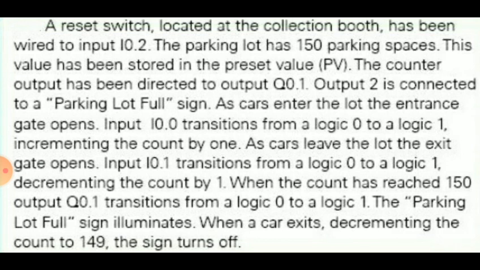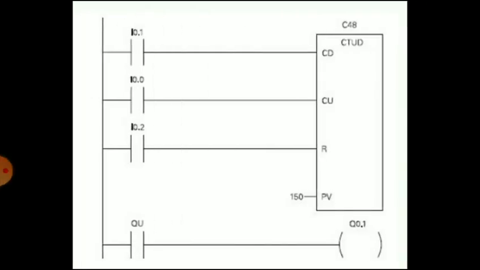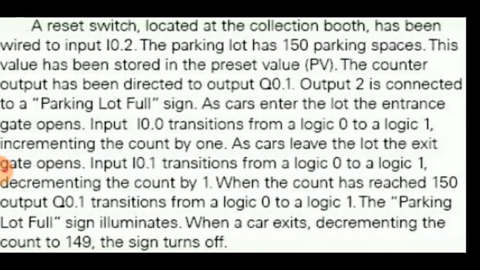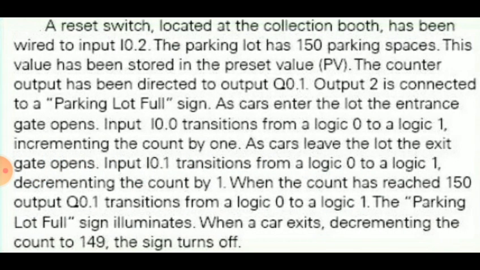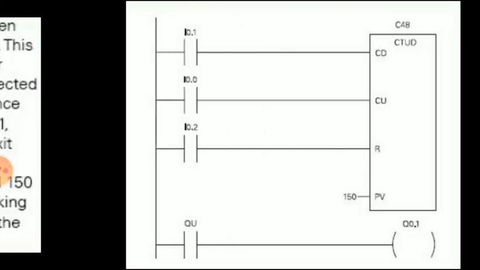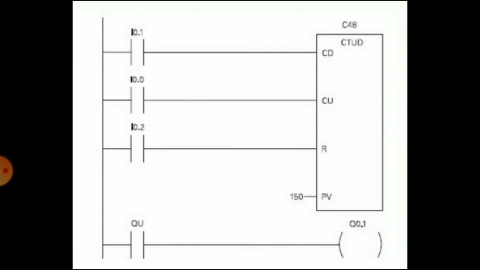A reset switch located at the collection booth has been wired to input 10.2. In rung 3, you can see the 10.2 switch. The parking lot has 150 parking spaces. This value has been stored in the preset value, that is PV. You can see PV in the CTUD counter.